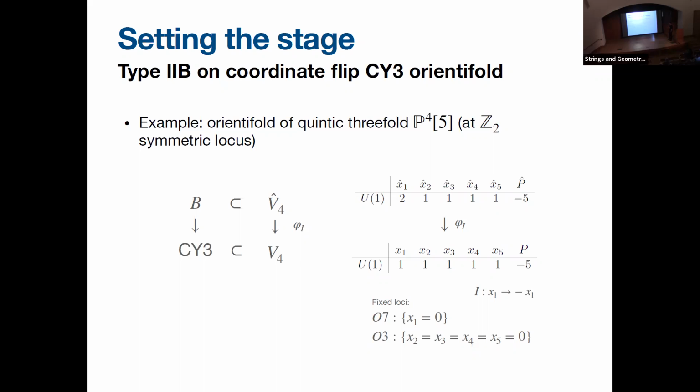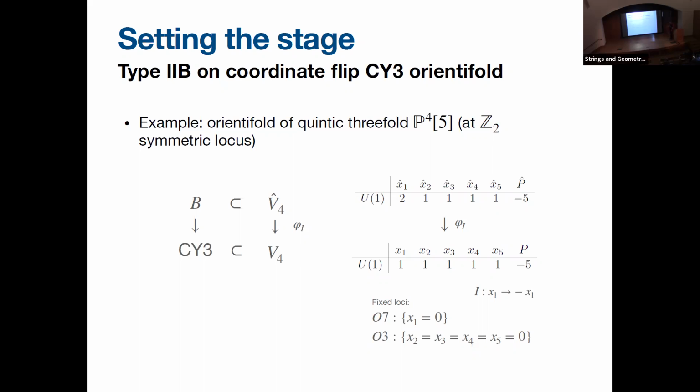I have 5 homogeneous coordinates here, x1 through x5 for P4. And the orientifold action, which I define on the toric space and which restricts to the quintic hypersurface, is an action on x1. It sends it to minus x1 and keeps everything else fixed. This is a particular realization of this orientifold involution.